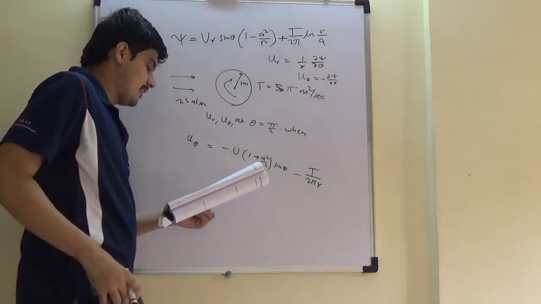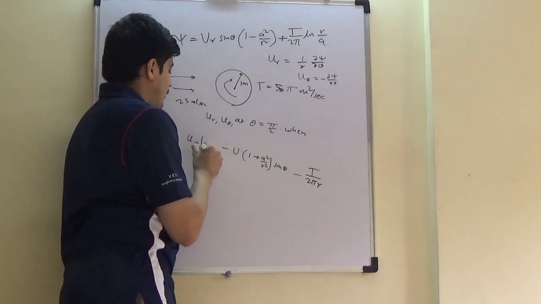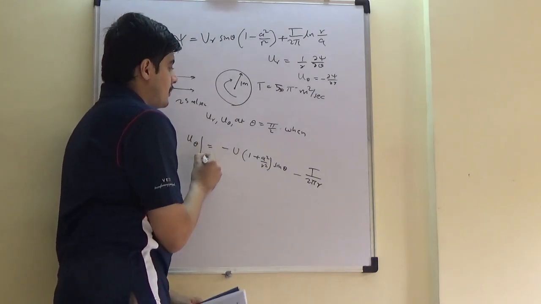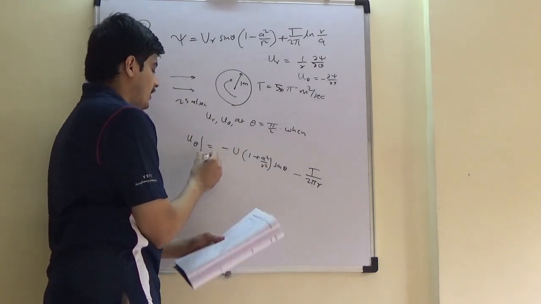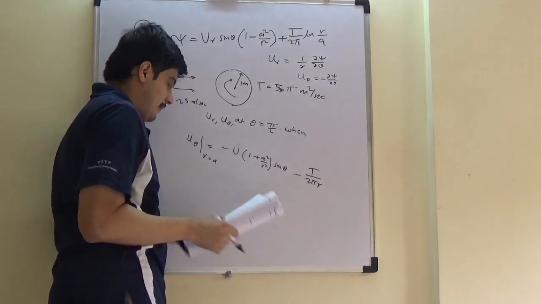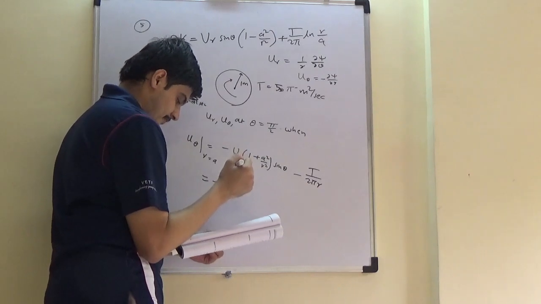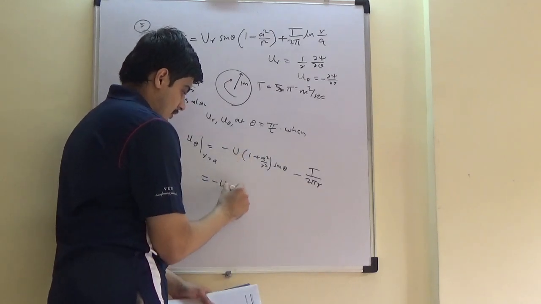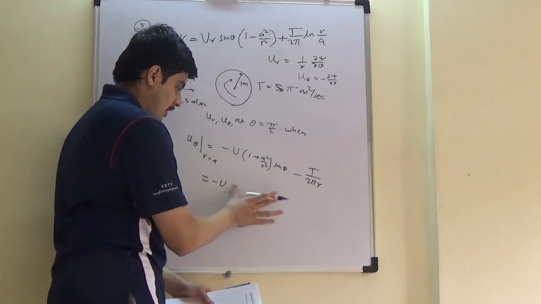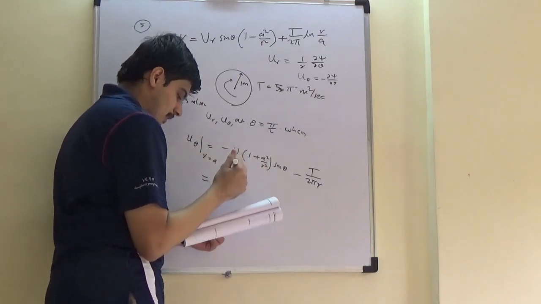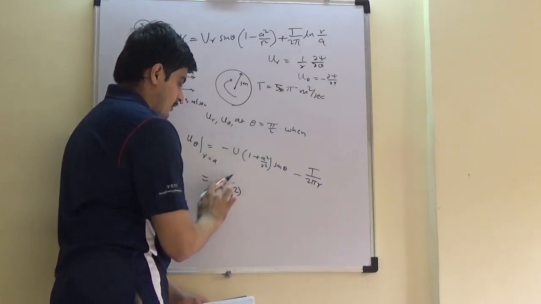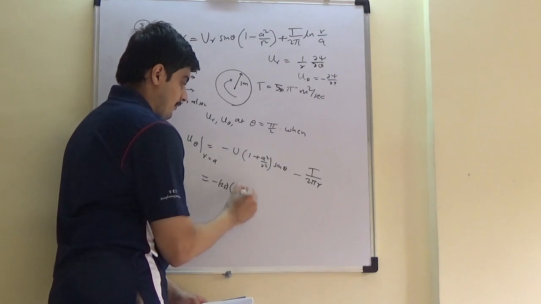Now, if this is the A part, we have been asked u theta at r equal to A. So what would be u theta? Minus u sine pi by 2, sine pi by 2 is 1, so this is 1 plus 1, 2. U is 25.